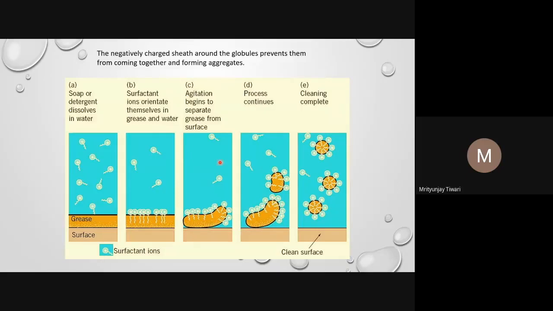Let's try to understand this mechanism in this figure. The negatively charged sheath around the globules prevents them from coming together and forming aggregates. Suppose this is a surface with grease on it, and you have just used soap or detergent dissolved in water. So this is a mixture of soap and detergent with water.